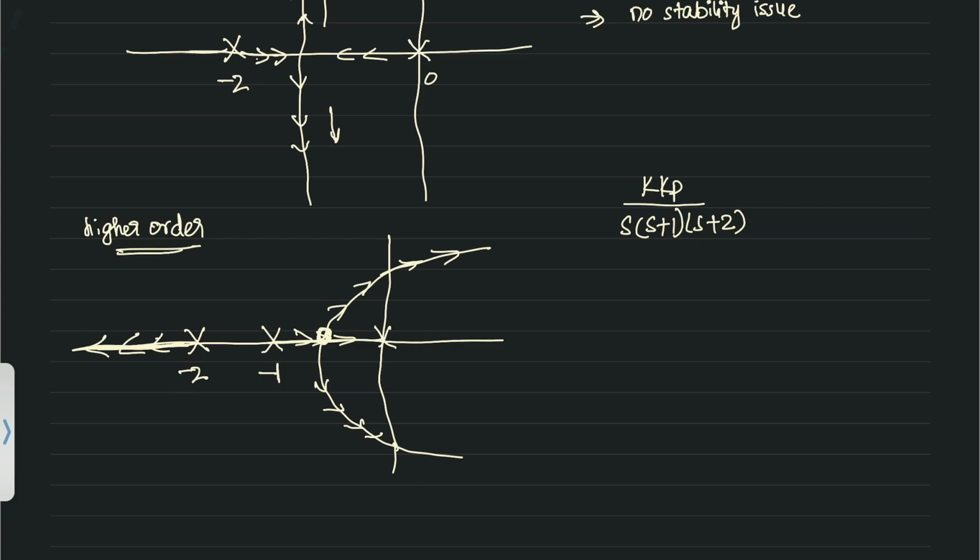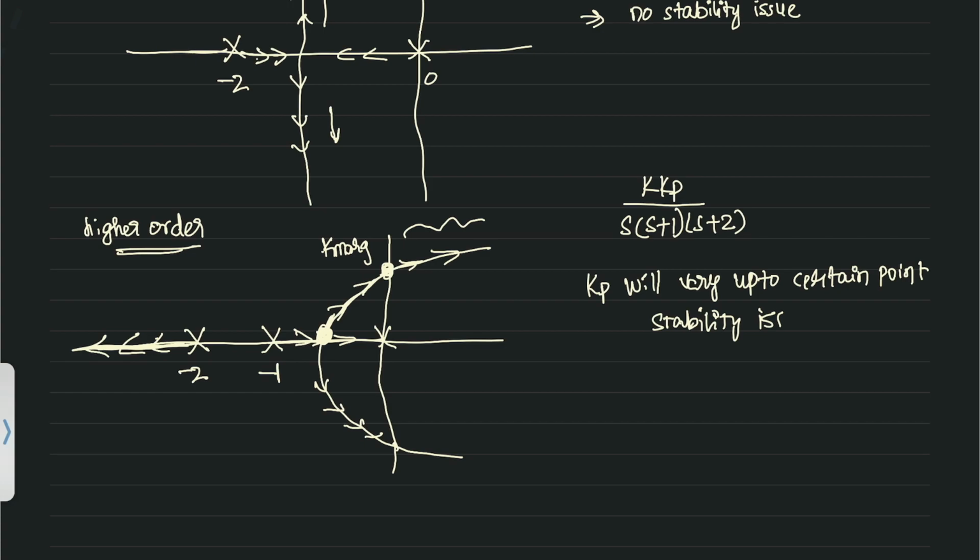If you see this, at this point it is K marginal, which means it is marginally stable. Above this point, it will come into the unstable region. So you have a limitation that Kp can vary only up to a certain point, because it will lead to stability issues.